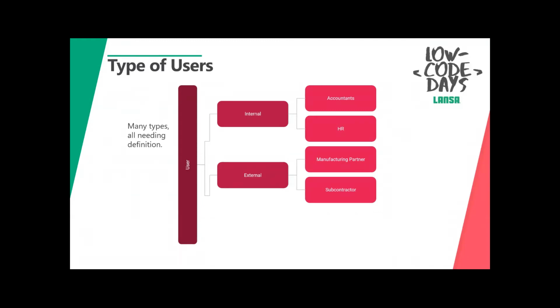My subcontractor may need to be able to submit billing or bid on contracts and potentially communicate with a manufacturing partner about X, Y, and Z piece of equipment. Whereas the manufacturing partner, the job they're mostly going to be doing is taking requests for the various equipment orders from my company.